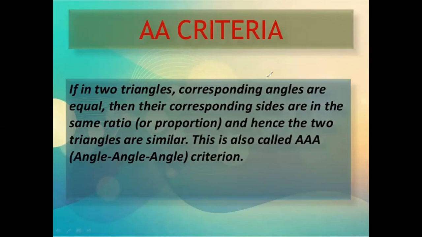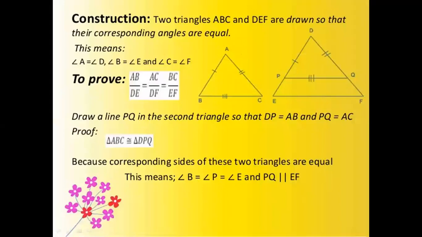So how do we apply this one? Take a look here. Two triangles ABC and DEF are drawn so that their corresponding angles are equal. So take note, the first triangle ABC and triangle DEF are said to have corresponding angles.